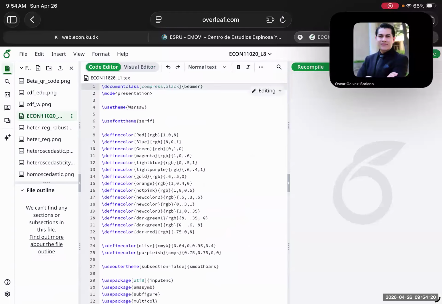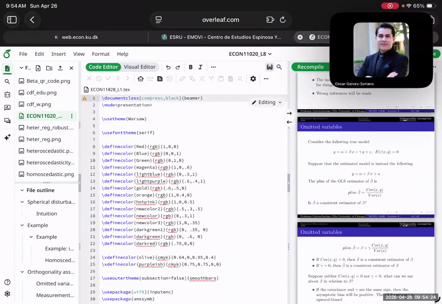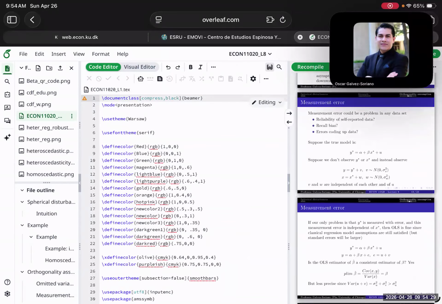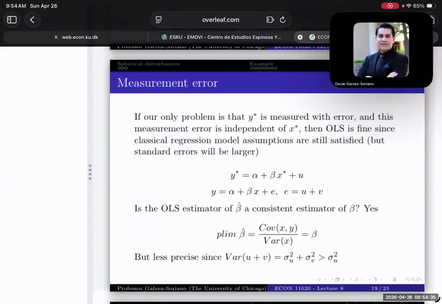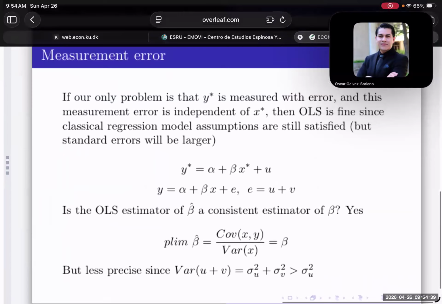So I'm not going to go over everything, but if you go back to the slides, in the situation where I explain the case of omitted variables when y is measured with error, you see that it's less precise.